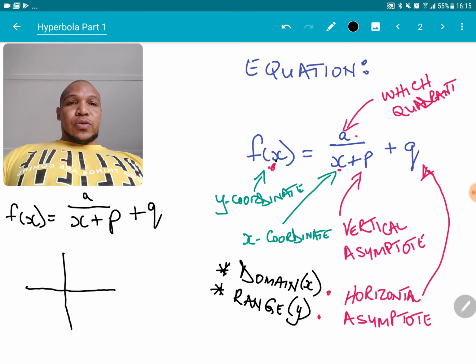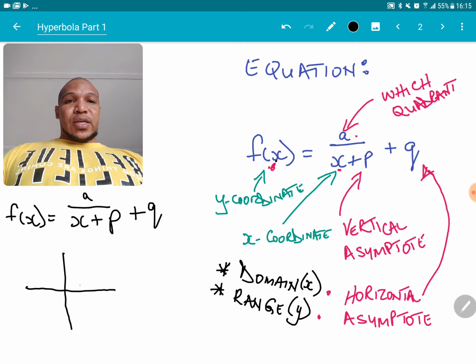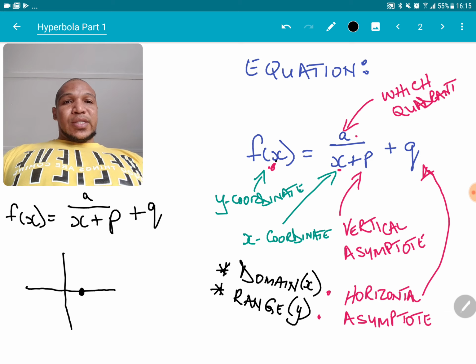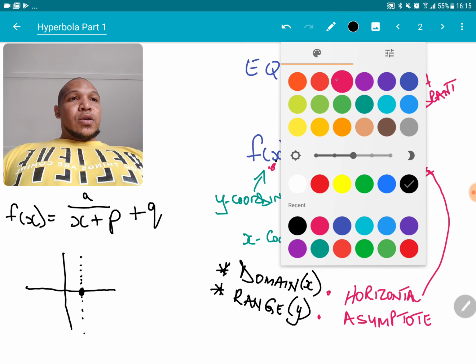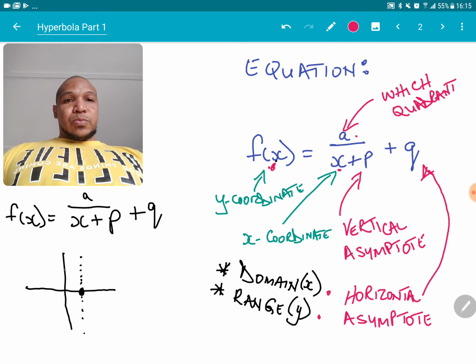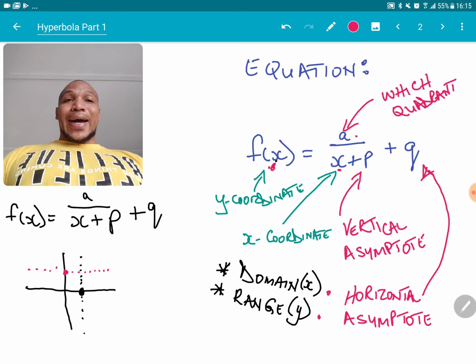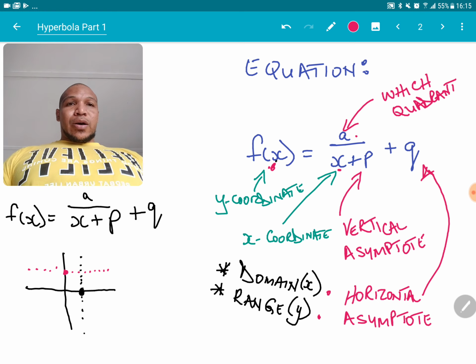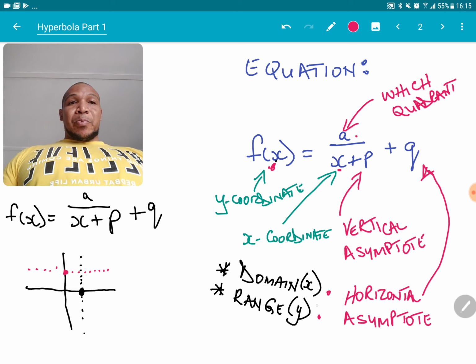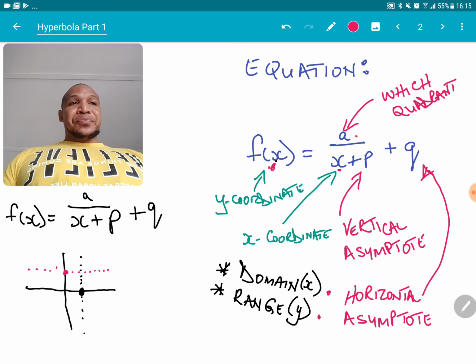If you've got your horizontal and your vertical axis there, P will be a point on your x-axis, and a line will go through that point. And then Q will be your horizontal asymptote, so it will be a point on my y-axis, and you will have a horizontal line going through there. And then you need to know the domain and the range.